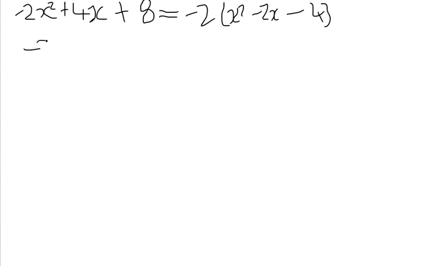So now it's -2 bracket x squared minus 2x minus 4, which is equal to -2.